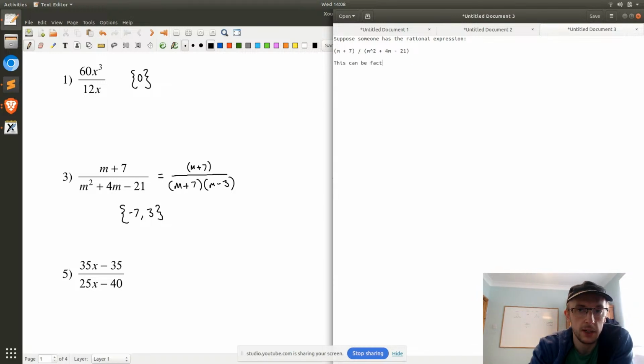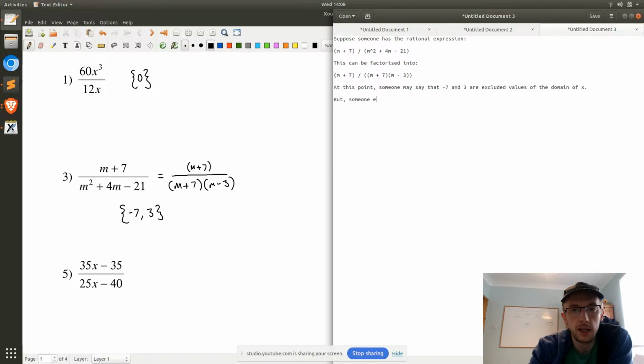This can be factorized into (m + 7) all over (m + 7)(m - 3). At this point, someone may say that -7 and 3 are excluded values of the domain.